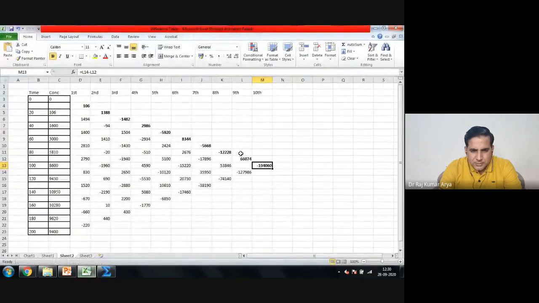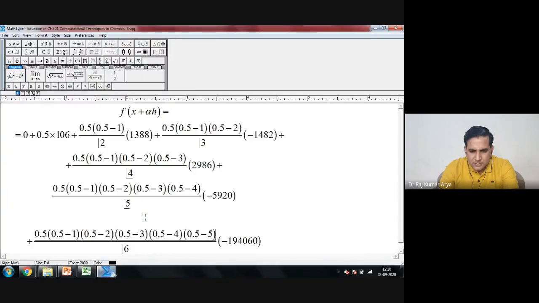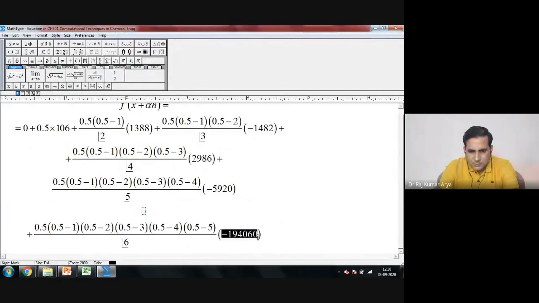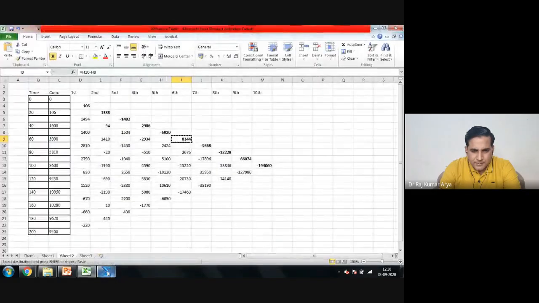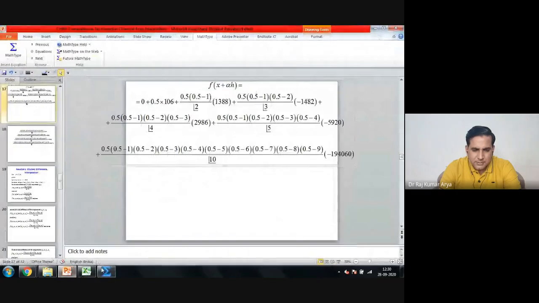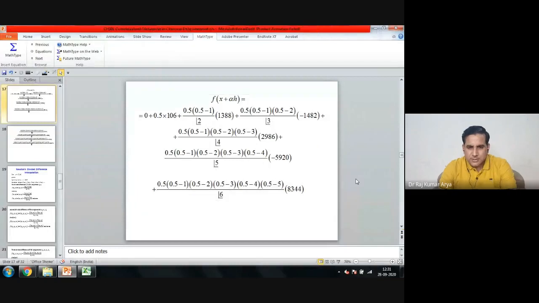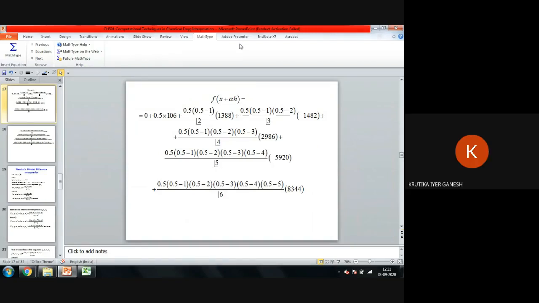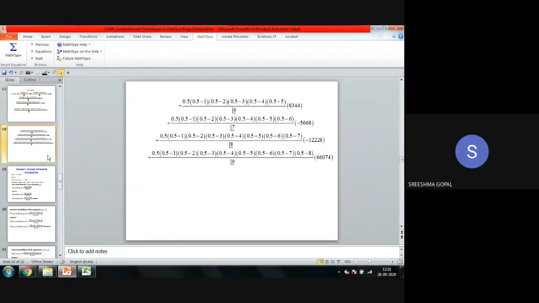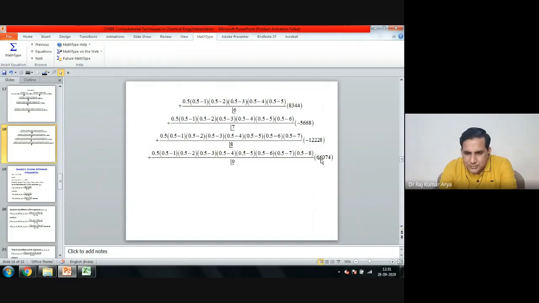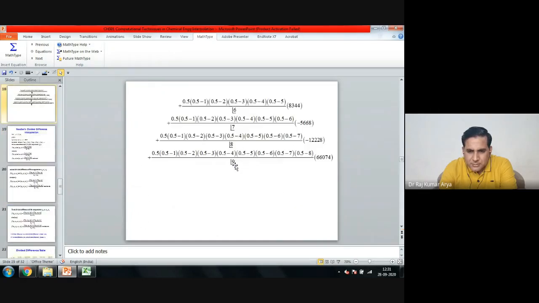Sixth difference point. So can you calculate all these values? What are coming? Yes, sir. And this is 10th वाला point miss हो गया. We have to put it here.